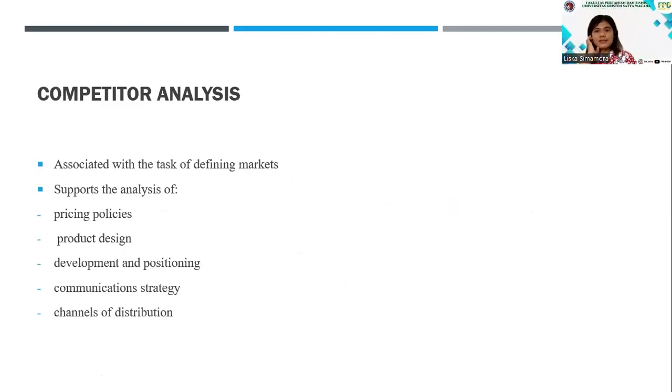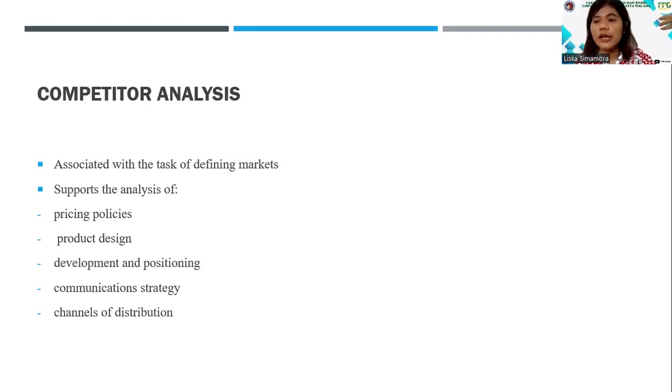So the next topic is competitor analysis. Okay, in the market survey, you have done the marketing mix. You have analyzed the marketing mix, and now it's time for you to analyze your competitor. This competitor analysis is associated with the task of defining markets. Okay, so we have done the market analysis at first. So it means we cannot separate the analysis by ignoring our competitor.